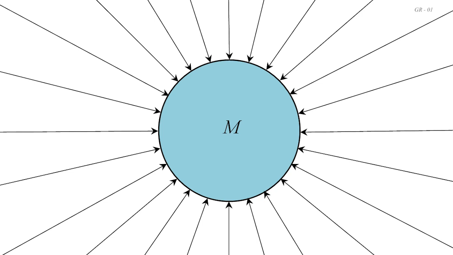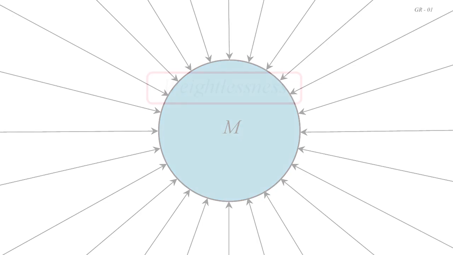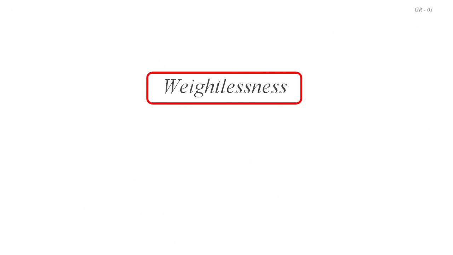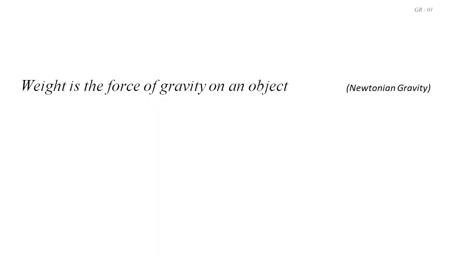Another concept that can be confusing when studying Newtonian gravitation is the notion of weightlessness. The idea of weight was introduced earlier, and it was said that, using the ideas of Newtonian gravity, weight is often defined as the force of gravity on an object. Using this definition, we would say that on the Earth's surface, the weight of a mass m is given by mg.